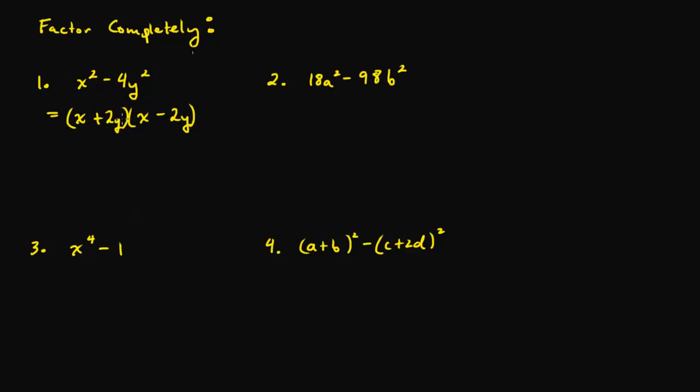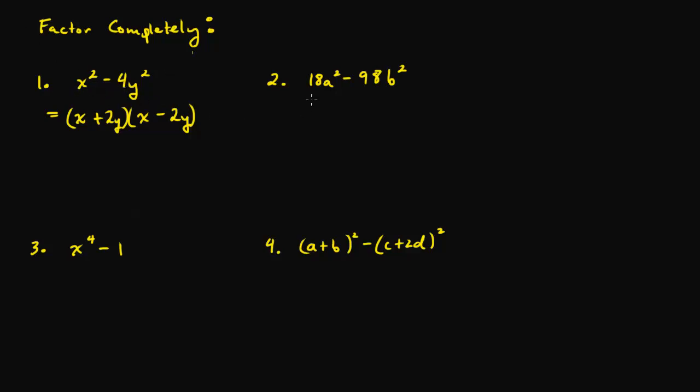And if you want to verify that that works, you can go ahead and expand that, and you'll see that x times x is going to give me x squared. Positive 2y times negative 2y should give me negative 4y squared. And the middle term is going to be 2xy minus 2xy, which leads to us having a middle term that adds to 0. So we've factored this correctly.